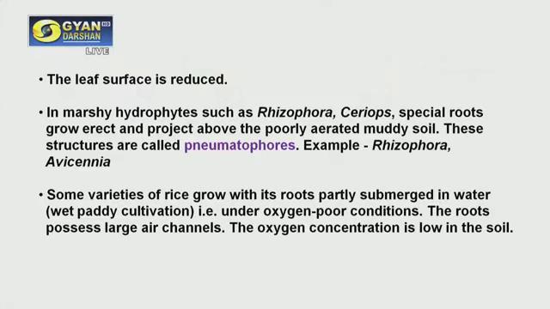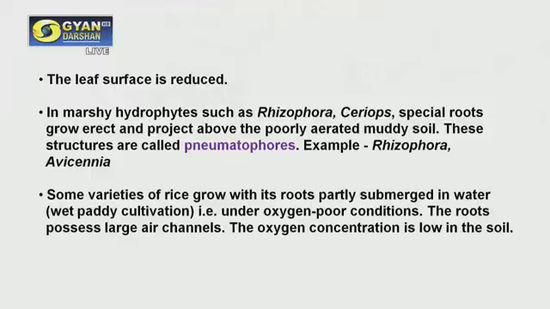That is, there is no oxygen, oxygen poor conditions. And therefore, because there is oxygen shortage in such fields, sometimes these types of plants have developed certain air channels in their roots. We will not call them air cavities, but we call them air channels.